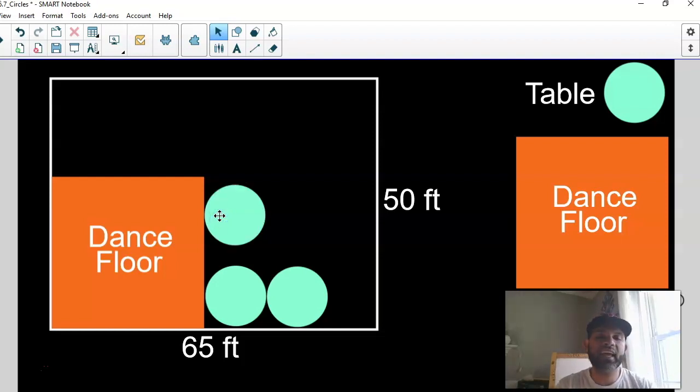I want you to get an 8.5 by 11 paper. Let's say the long length of the paper is 65 feet and the short length of the paper is 50 feet. Then break a section off, 3/5 of it going this way.